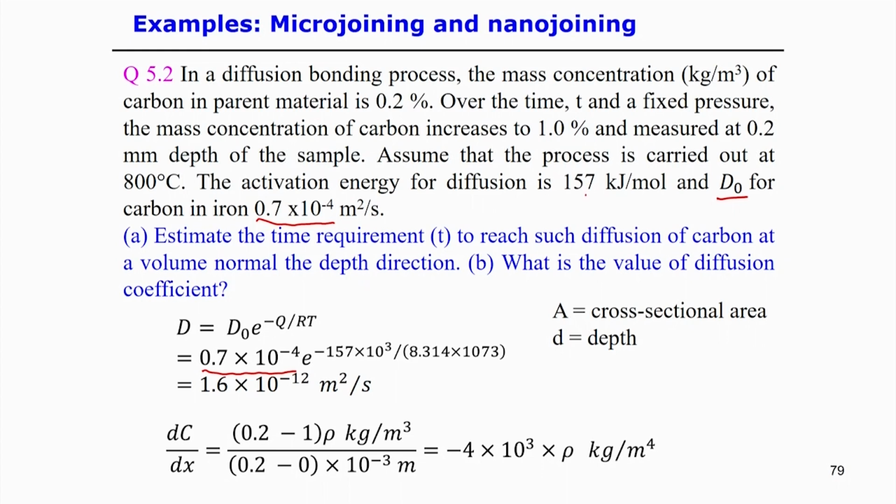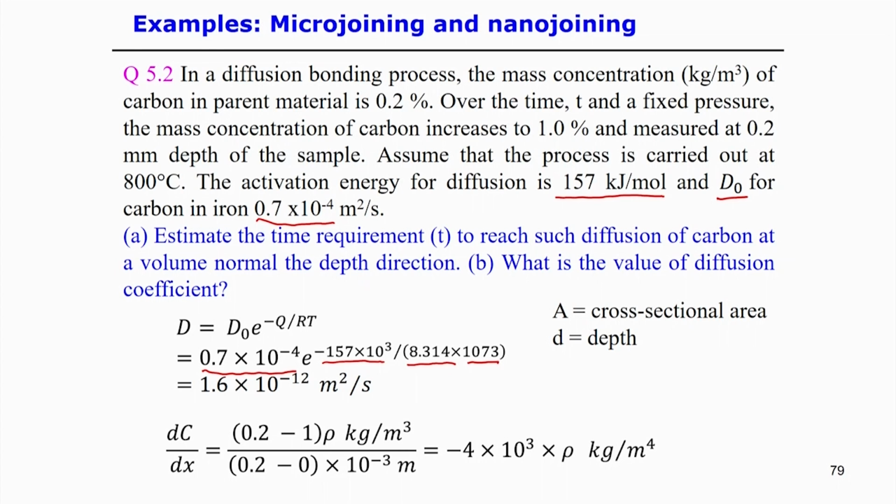So, activation energy for diffusion is 157 kilojoule per mole, so 157 into 10 to the power 3 joule per mole, and we use the characteristic gas constant R equal to 8.314, and this is the temperature, but remember the temperature in this formula should be given in Kelvin.